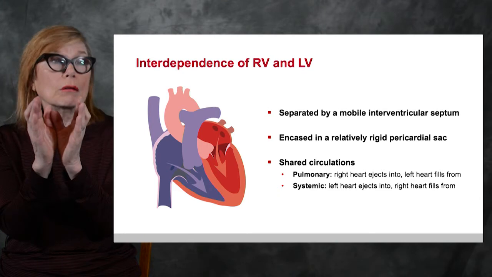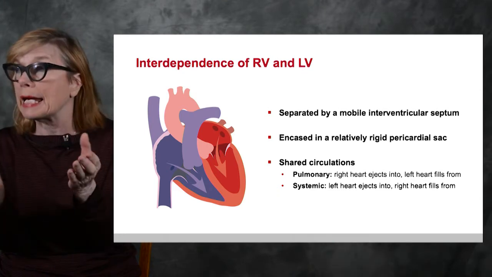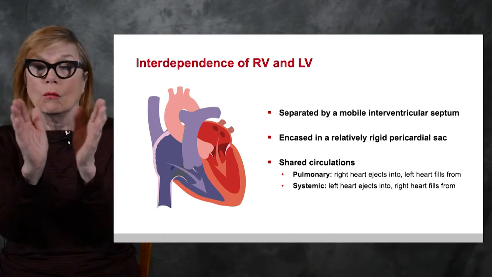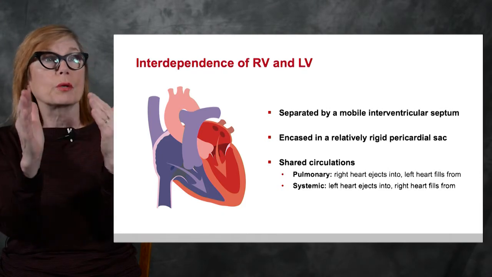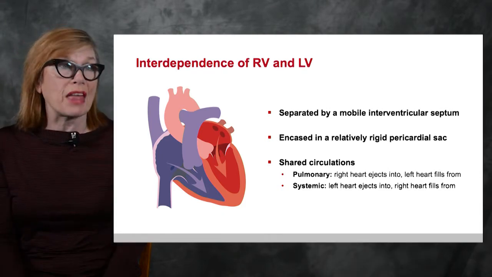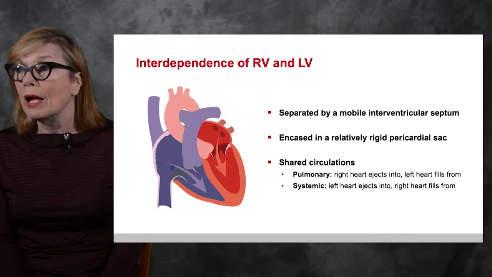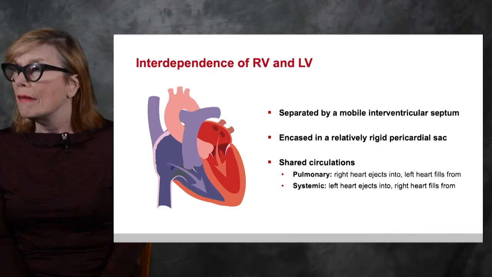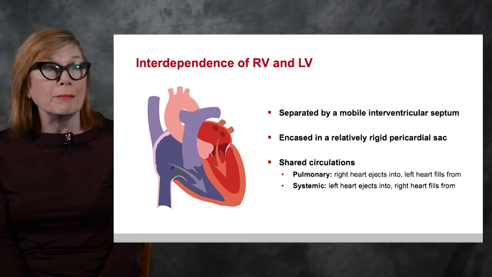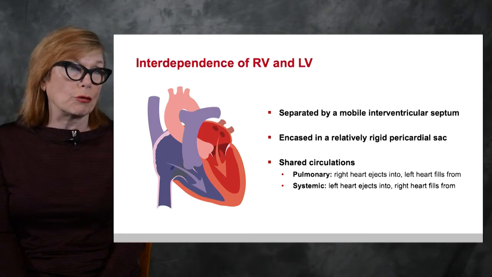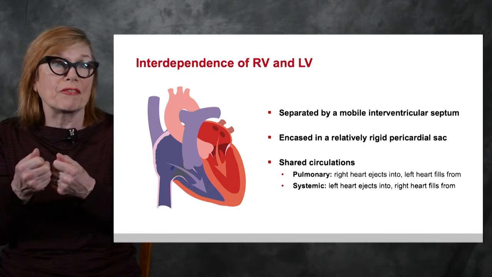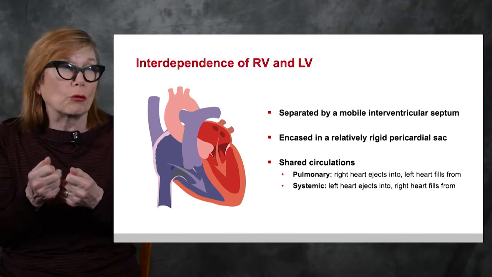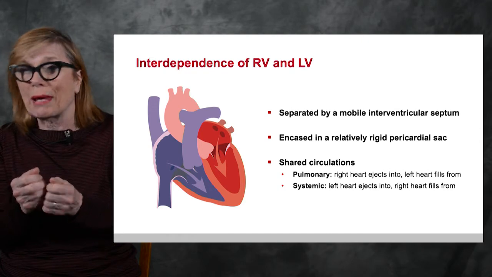But if I do it acutely, so I have a bleed into the pericardial sac, what will happen is compression will go inwards. So it's really important to remember the role of that sac is to keep the heart suspended and to keep it a normal size. That sac is stretchable over time, but when we acutely create changes, what will happen is the sac will pull tight against both ventricles. So that's a really critical piece of understanding interdependence.